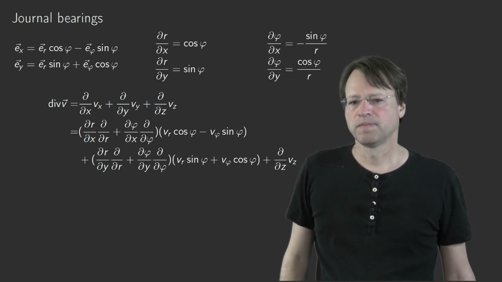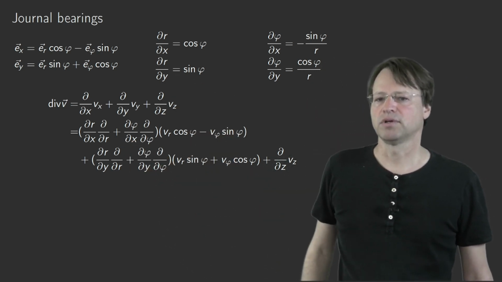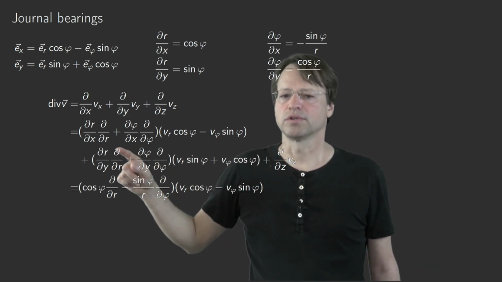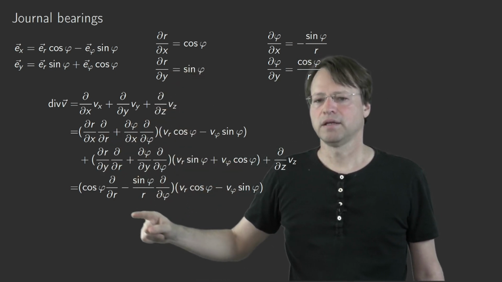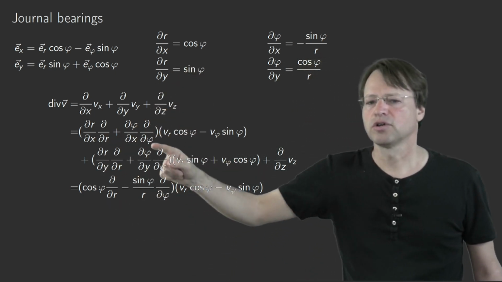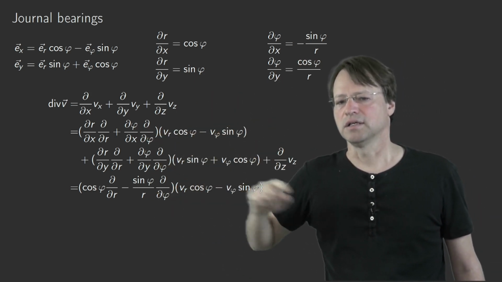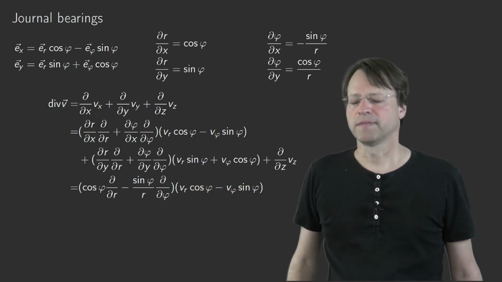In the next step, we insert the expressions we obtained for dr by dx and so on. So this yields, for the first term, again, a cosine phi, here it is. For the second term, d phi by dx, minus sine phi divided by r, here it is, times v_r cosine phi minus v phi sine phi.